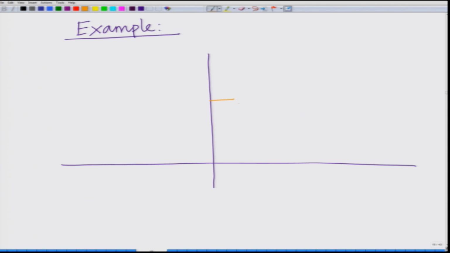For instance, we have each pulse of width d, and let us say this is a periodic signal of period T. So, this is minus T, this is minus T plus d.